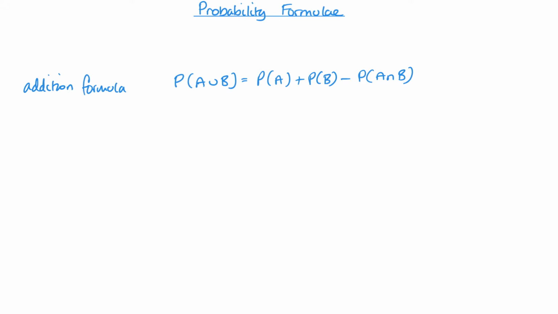And this one's quite useful because, of course, you can swap this and this around quite nicely. So you'd end up with the probability of A intersection B is probability of A plus probability of B minus the probability of A union B. Sorry, you won't see that, but that was some terrible writing I just did.